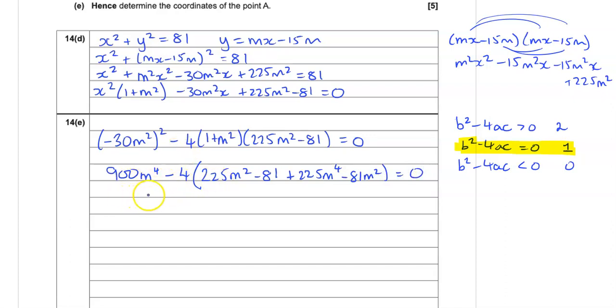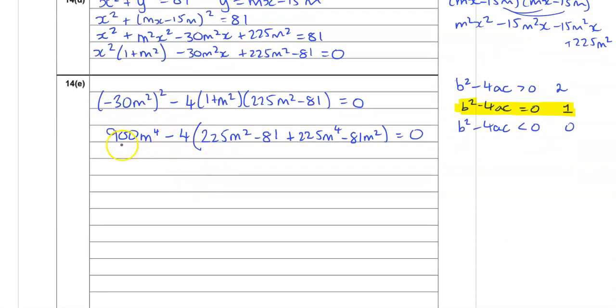Now at this point, probably the easiest approach is just to divide by 4. I mean, we could multiply through by 4 or divide by 4. But if we divide both of these terms by 4, we get 225m to the 4, and then minus all of these things. So minus 225m squared plus 81 minus 225m to the 4 plus 81m squared, and that is equal to 0. Now, we've got 225m to the 4 here, and they cancel.